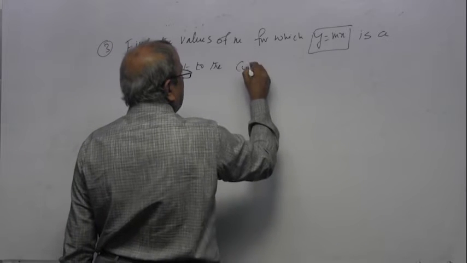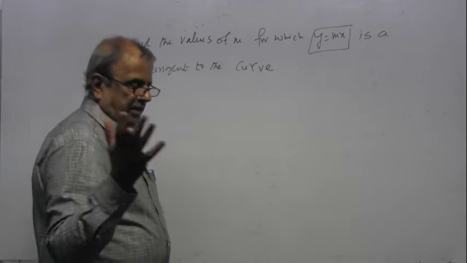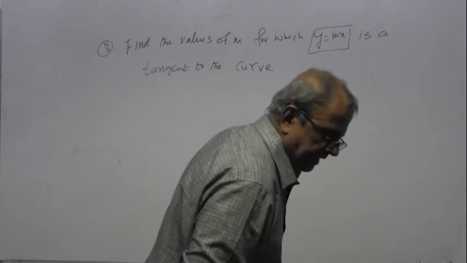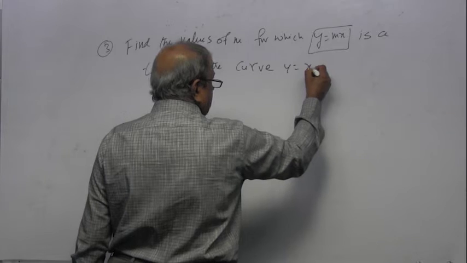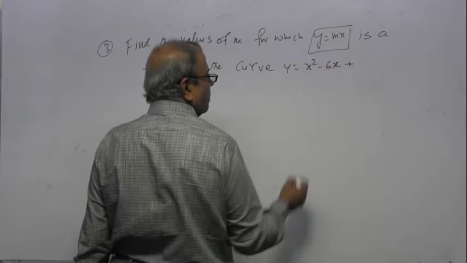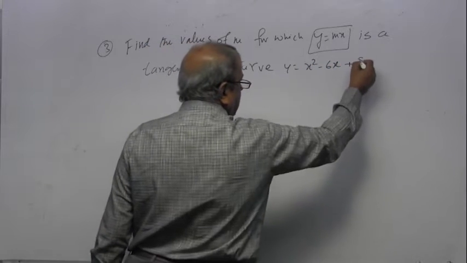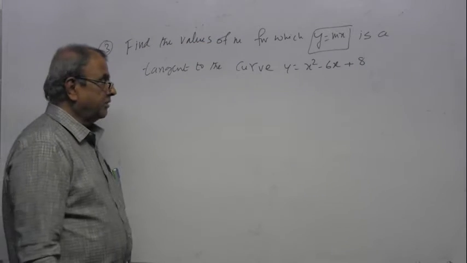Again, I'm sticking to quadratic at the moment because otherwise we'll have to use some other method we will see later. To the curve y equal to x squared minus 6x plus 8. I can take any value or just take an 8. I've made up these questions.